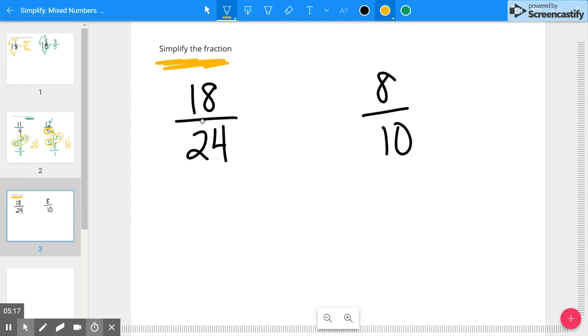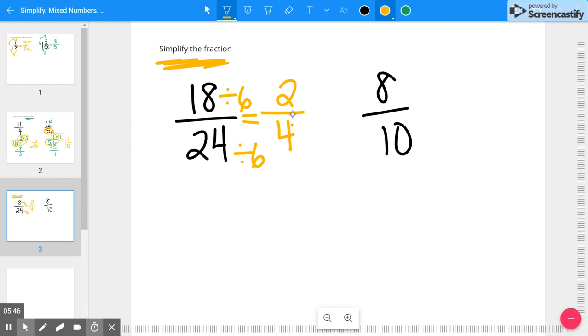What about 4? 18 divided by 4? No. 24 divided by 4? Yes. But they both need to be divided. What about 5? Doesn't work. What about 6? Could I do 18 divided by 6 and 24 divided by 6? I could. So 18 divided by 6 gives me 3, 24 divided by 6 gives me 4.